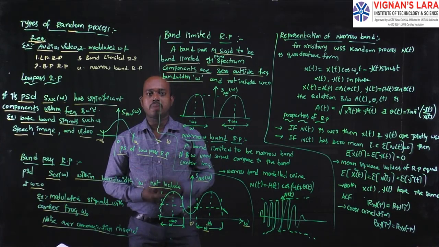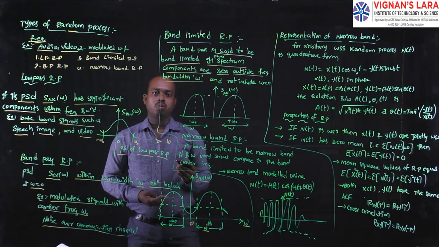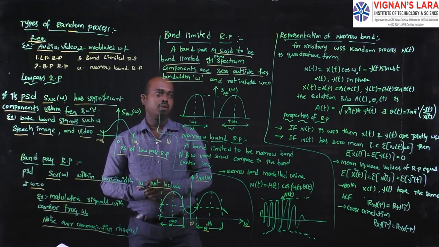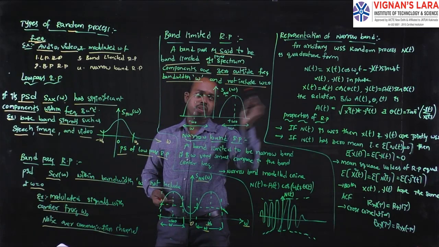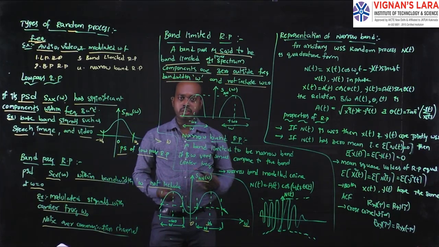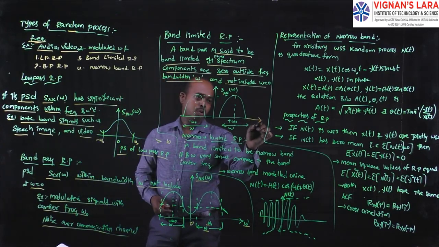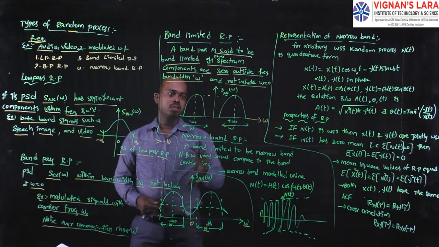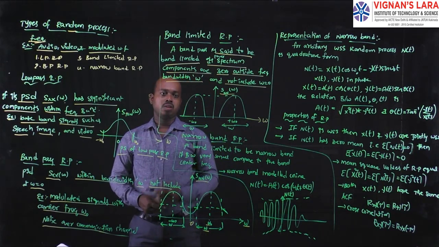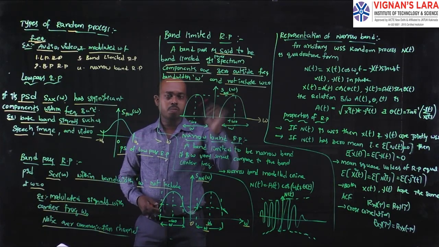Outside the frequency bandwidth, the components of the spectrum are 0. It also does not include W equal to 0. Let us see the graphical representation so you can easily understand. I consider omega on the horizontal axis and S xx of omega on the vertical axis, and we represent the spectrum on both the negative and positive axes.